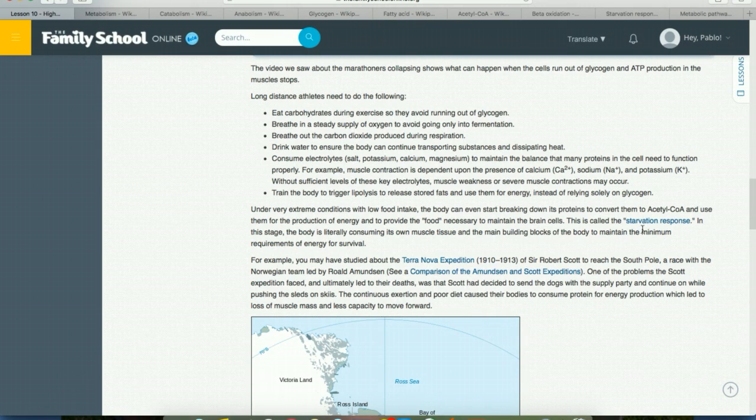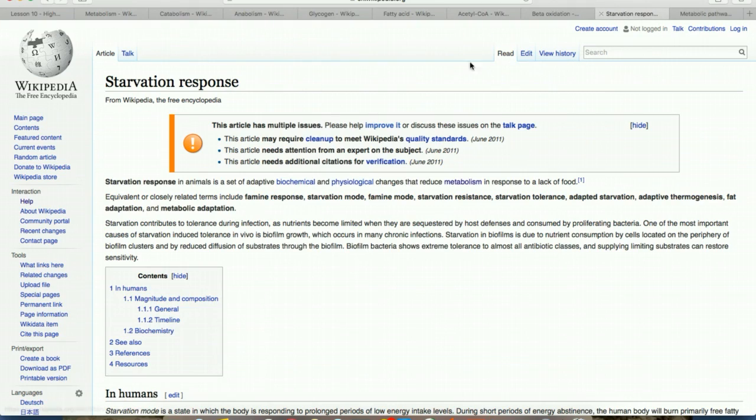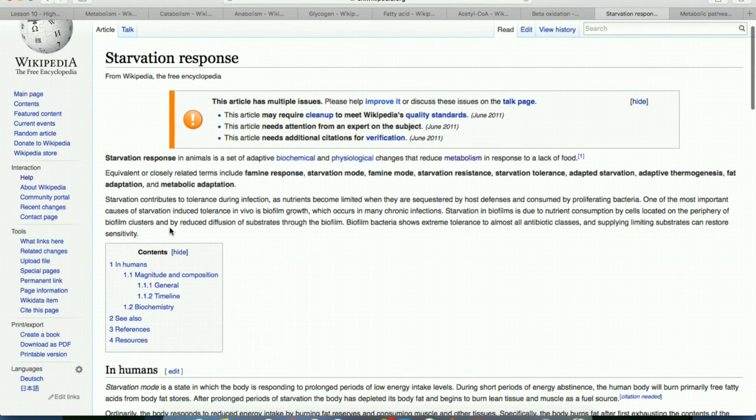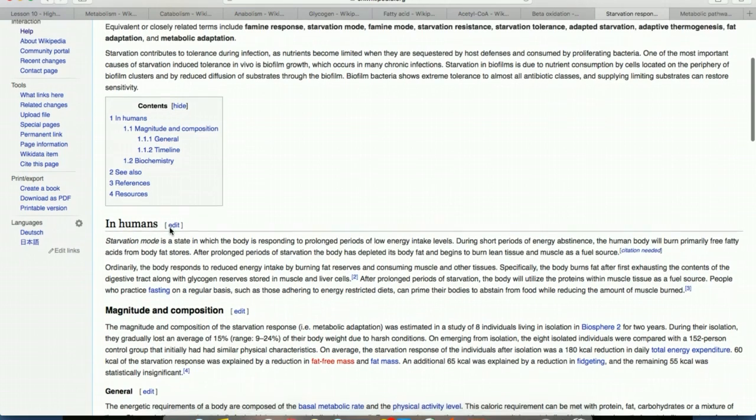This is called the starvation response. Oh, wow. So that is when you are really not eating. In this stage, the body is literally consuming its own muscle tissue and the main building blocks of the body to maintain the minimum requirements of energy for survival. So let's see what the starvation response is. Oh, that is when you really are starting to eat yourself.